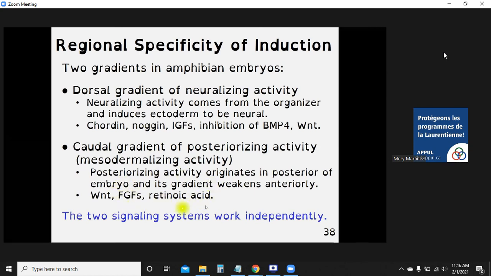Also, one that is important, we have already mentioned it before and we want to see it again and again, retinoic acid, is really important at the posterior part of the embryo. These two signals, the dorsal and caudal gradient systems, work independently from one another. But at the same time, they have a little bit of feedback when the gradient is low or very few.